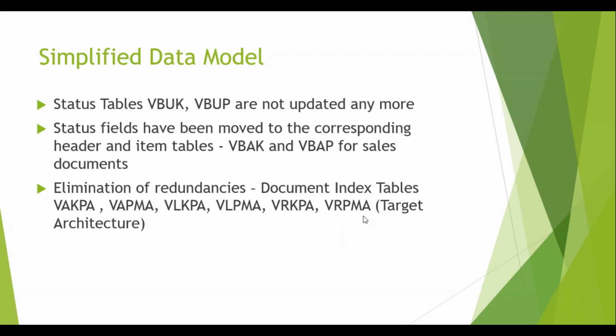So this is now in 1610, and even in 1511 these are directly available as views. They are no more tables. Okay, so elimination of redundancy means the physical data which was stored in these tables is not going to be available now. It will be completely free. There will be 0 GB, 0 MB of data stored in these tables now. Every time you ask for any information from VAKPA, in the background it will go and find the data from VBAK for you.